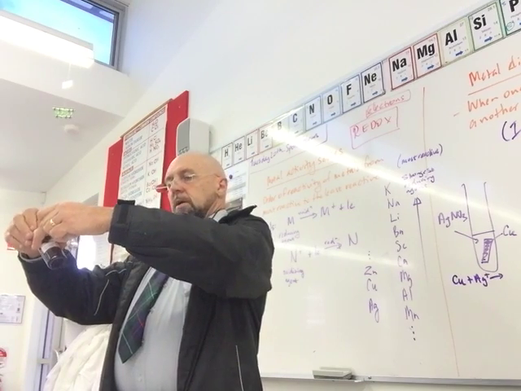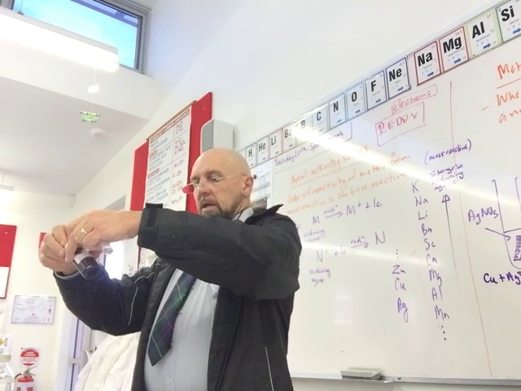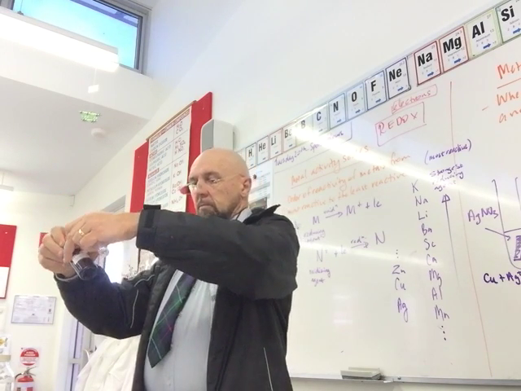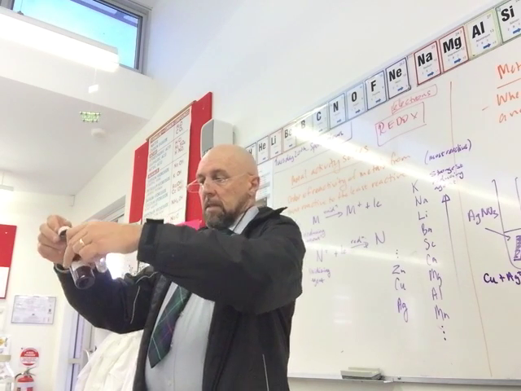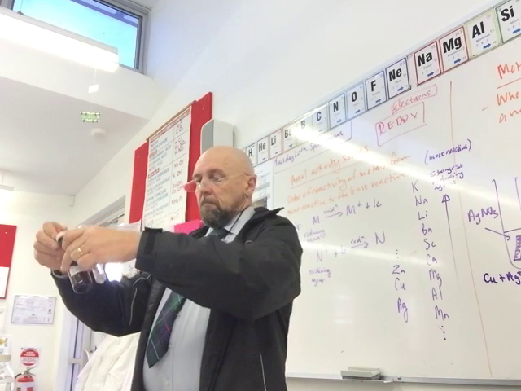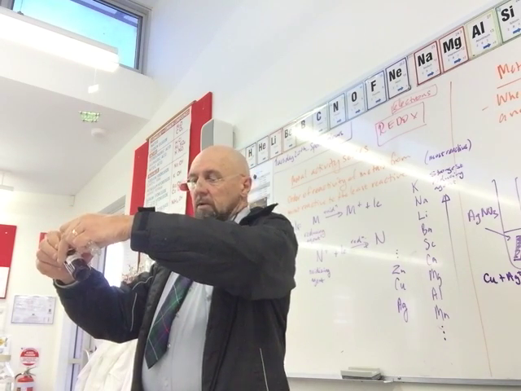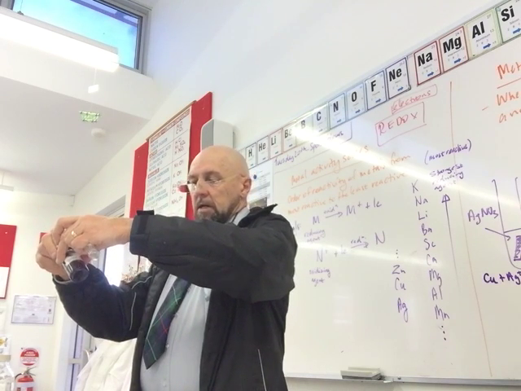It's not an irritant, but it's not good. If we get it on our hands, they go nice and black in colour. I want to try and cover most of the copper. Actually, I don't have to cover all of it, because then it'd be interesting to see what's happening in that solution.